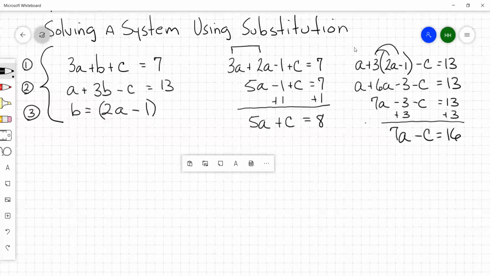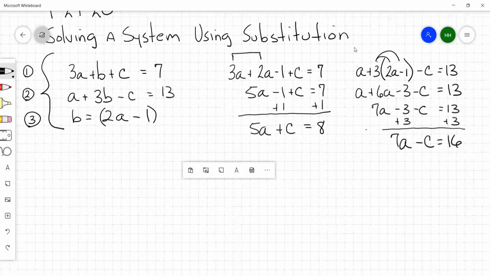So it looks like we're making some progress, right? Because we've got a new equation number 1 and a new equation number 2, and they both have 2 variables. One of them's got a positive c, the other one's got a negative c, so we can combine those. We'll take this 7a minus c equals 16.